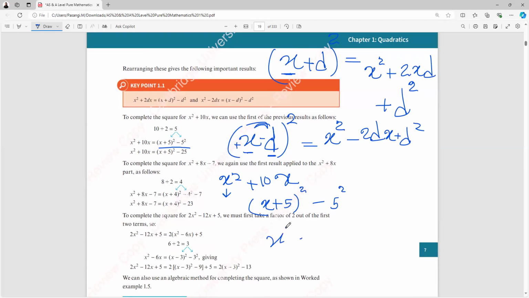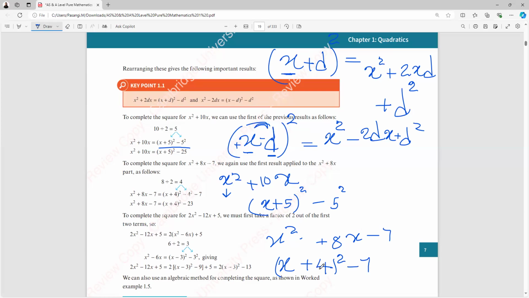Let's go through another example, an equation with 3 terms: x squared plus 8x minus 7. Here we take x, and half of 8, that is 4, in a complete square. Minus 7 was already there, so I kept it as it is.